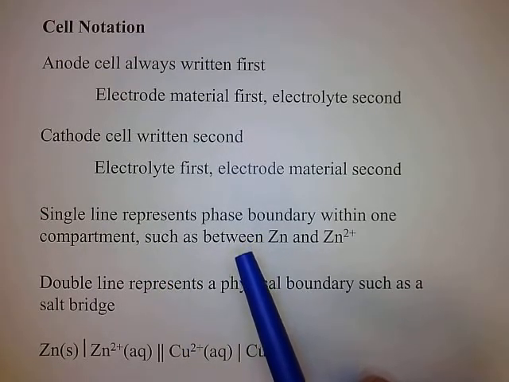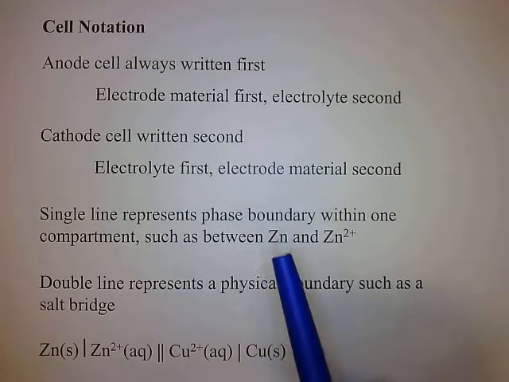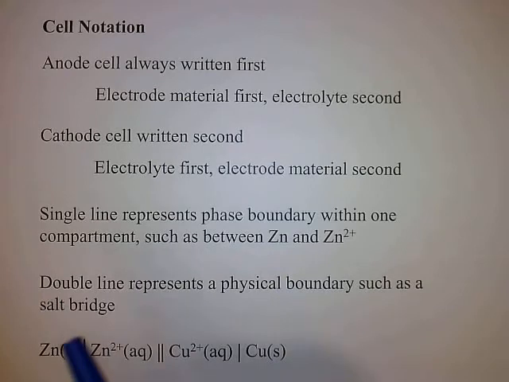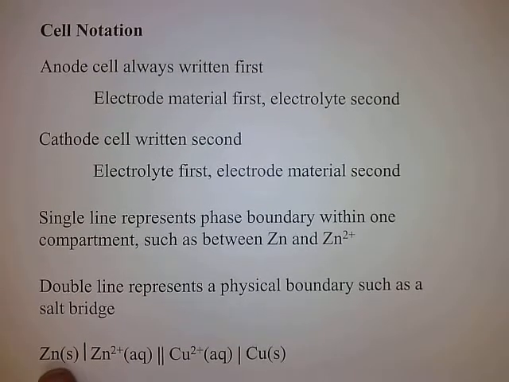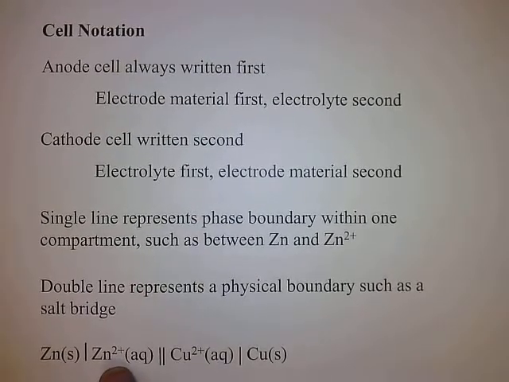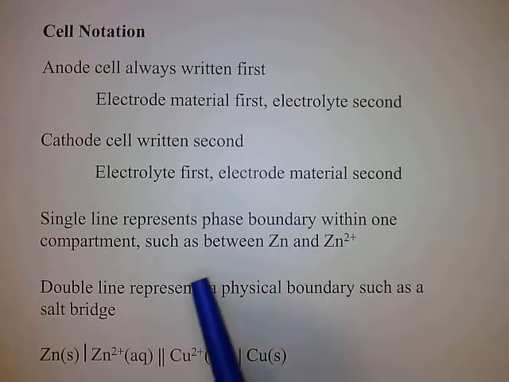So a single line represents a phase boundary within one compartment, such as the boundary between zinc and zinc 2+. Okay, so that single line represents a boundary between the zinc electrode material, the zinc metal, and then the zinc ion in solution. Okay, that's a phase boundary. And then a double line represents the physical boundary, such as the salt bridge.